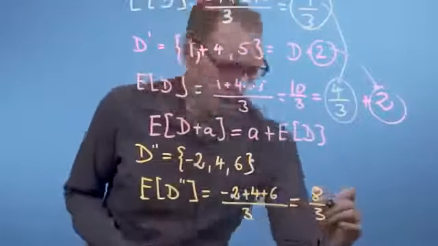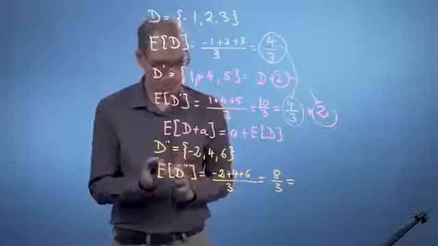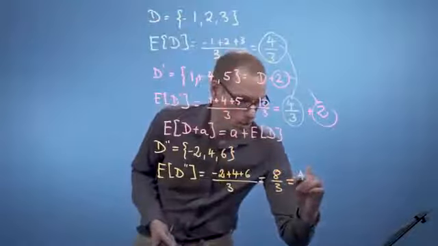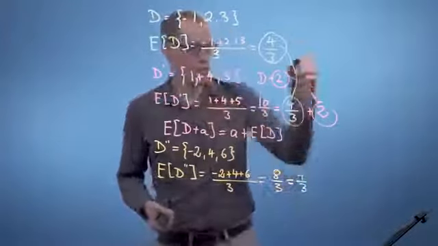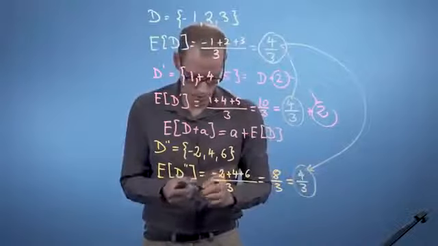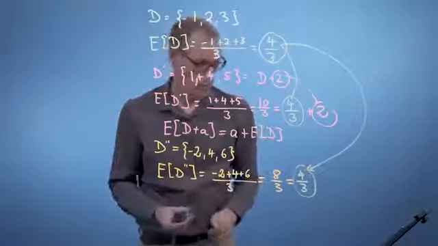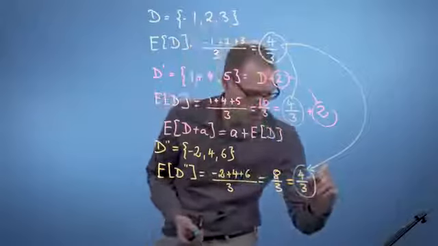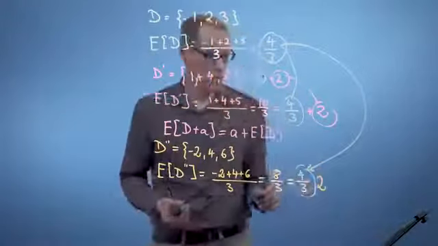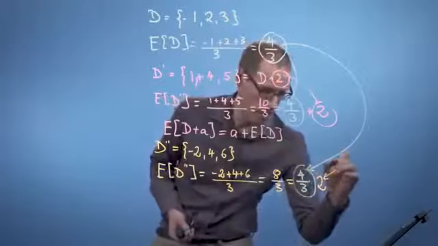And we can rewrite that again in a convenient way, which is 4 over 3, which again comes from here, times 2, which is the scaling factor.